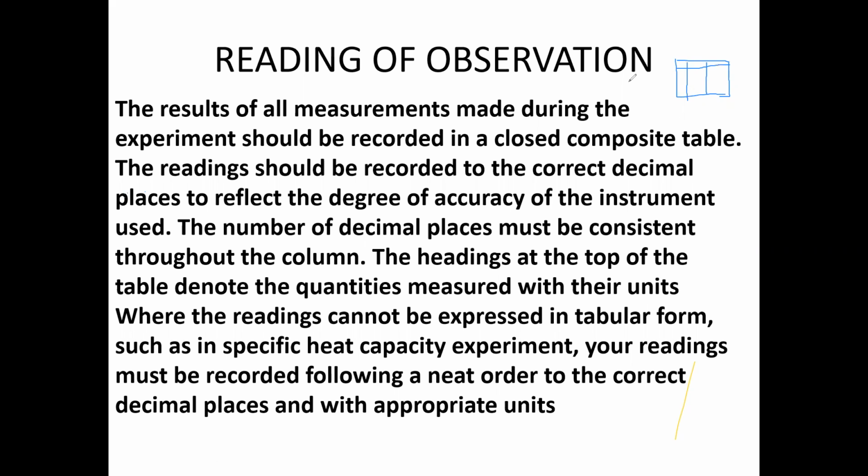And also, if you are using 2 decimal points, you should be consistent with the number of decimal places you are applying on that table. It should be consistent. If you are using 2 decimal points for the first column, the second column should also have 2 decimal points. Is it clear? So let's go to the next.